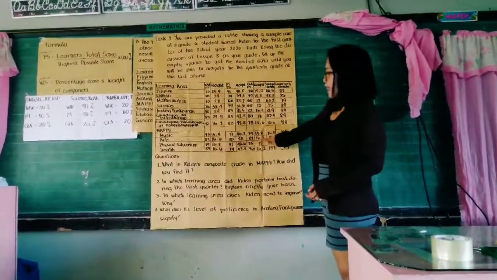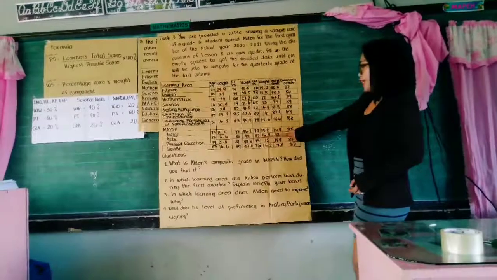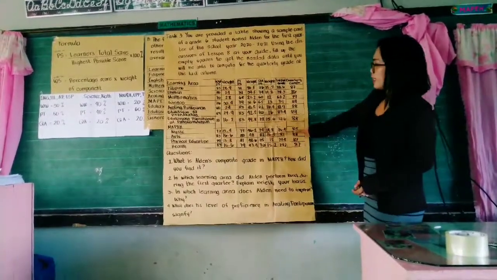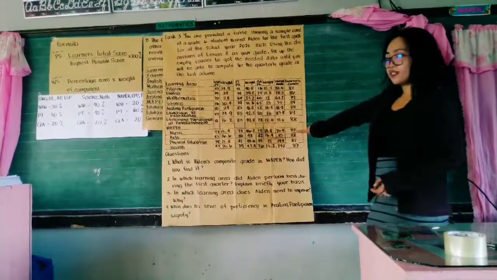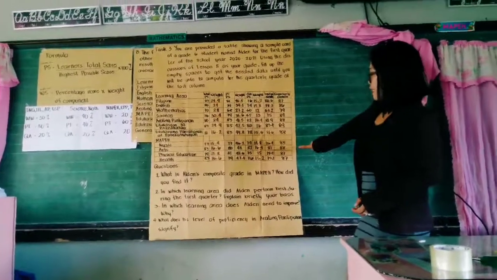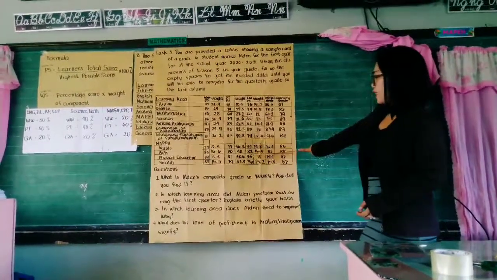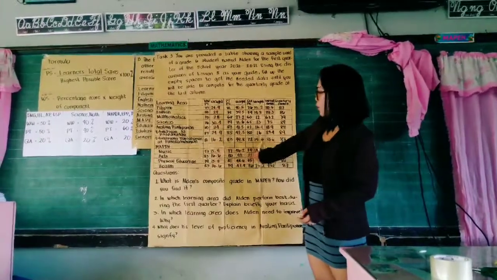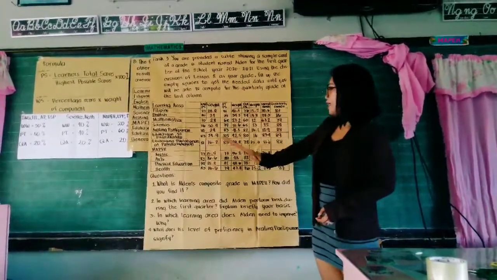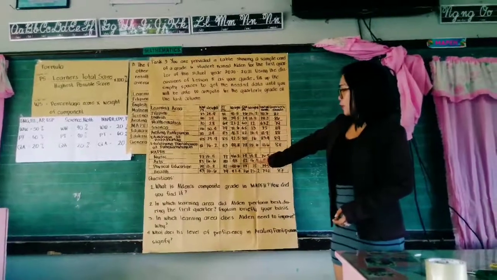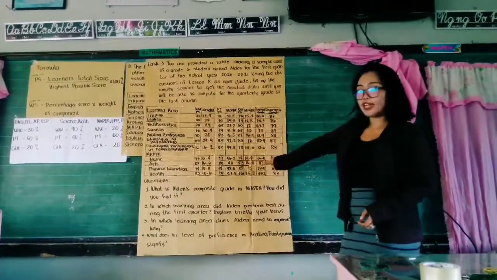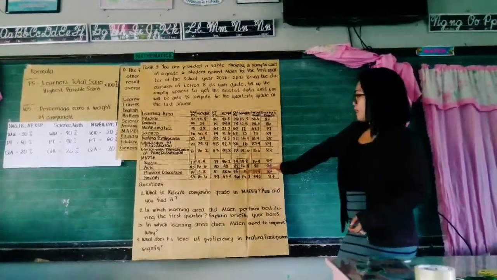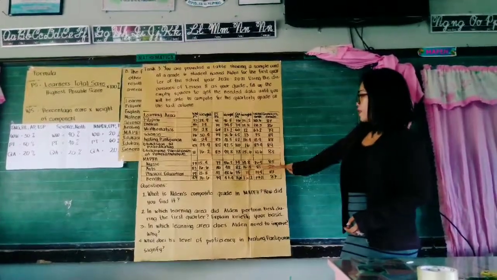Then, 83 times 20% equals 16.6. Then, 80 times 60% equals 48. 82 times 20% equals 16.4. The total is 81. Then, the transmuted grade for 81 is 88. Then, 79 times 20% equals 15.8. 81 times 60% equals 48.6. 75 times 20% equals 15.